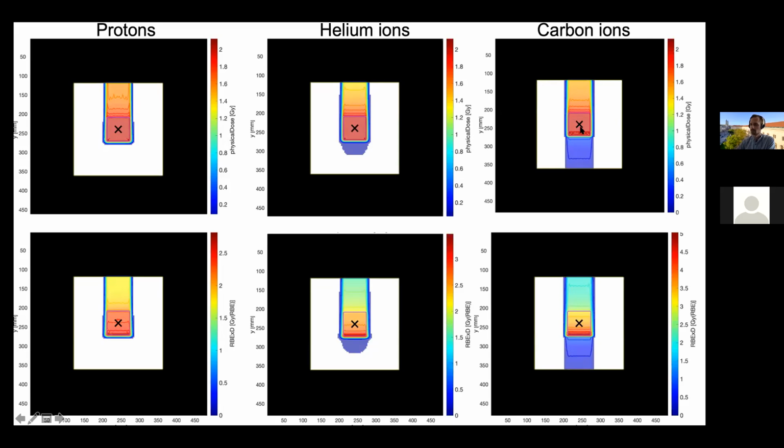I was again ignoring all radiobiological factors and was simply optimizing the physical dose also to 2 gray, and was then applying the local effect model to that physical fluence. And in this case, it becomes most dramatic because of the high RBE that we have with carbon ions. We have doses here at the very end of our target of up to 5 gray.